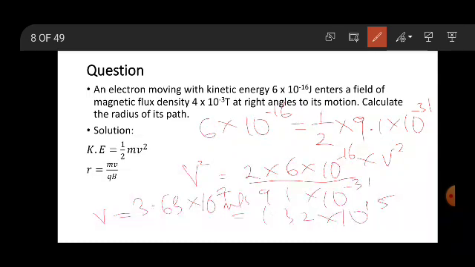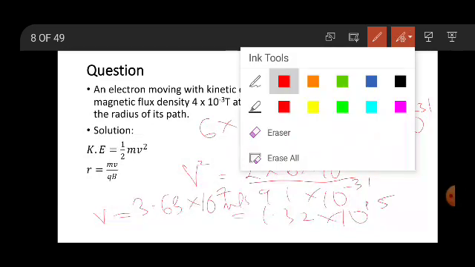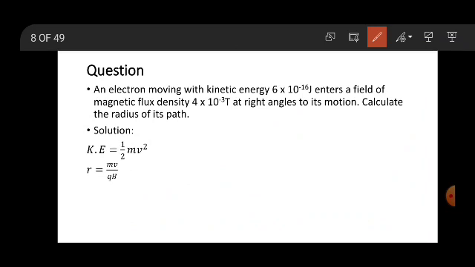Now that we know the velocity, it's easy for us to find the radius of the path. The radius will be equal to mv over qB, as we have in this formula here. What is m? m is the mass of the electron, which is 9.1 times 10 to the power minus 31.